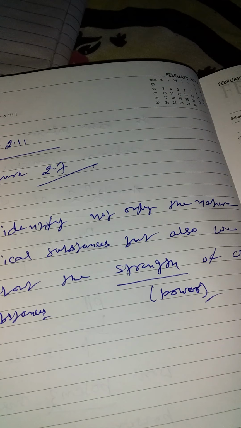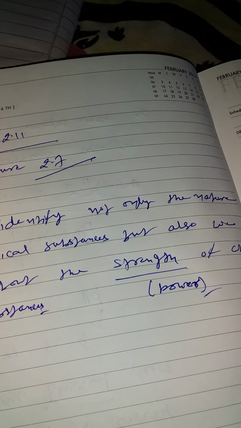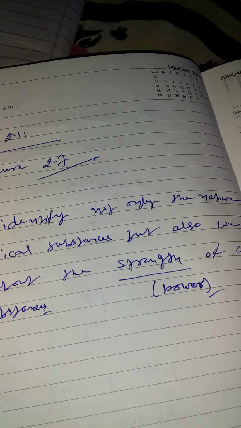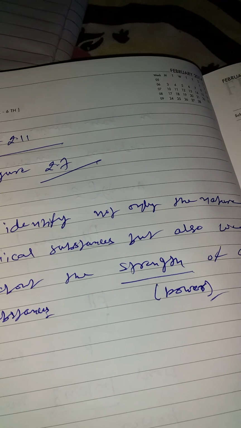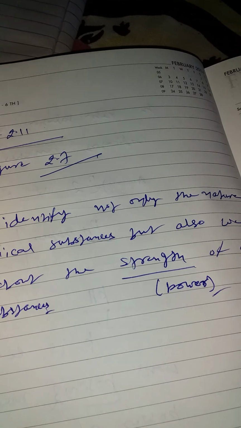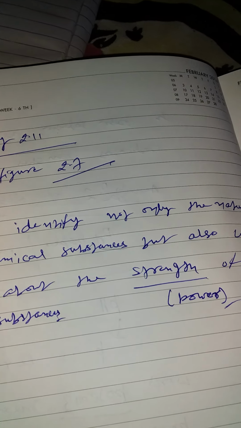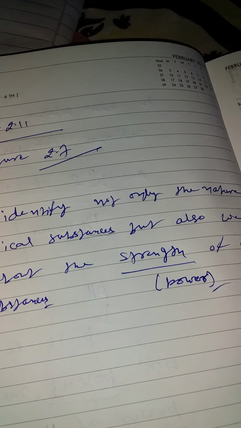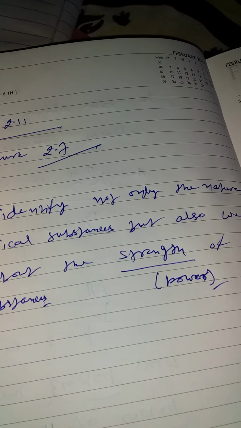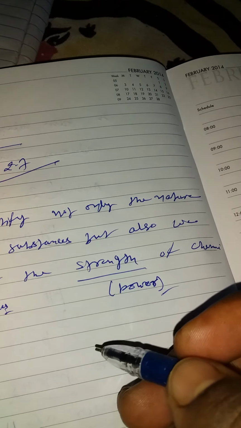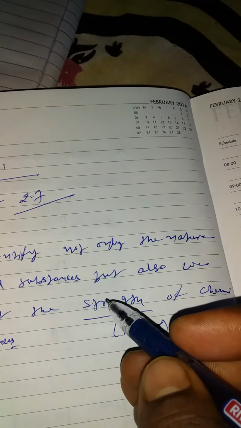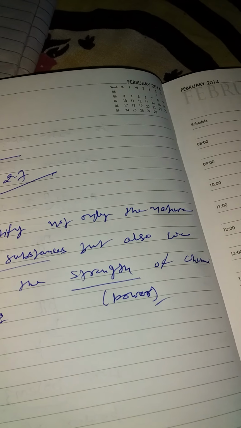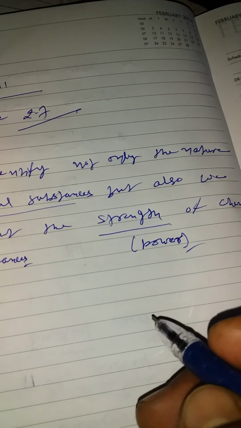So here we have discussed different types of indicators: natural indicator, synthetic indicator, olfactory indicator, and pH paper or universal indicator. Universal indicator is the most appropriate indicator, because it not only identifies the nature of chemical substances but also tells about their strength.